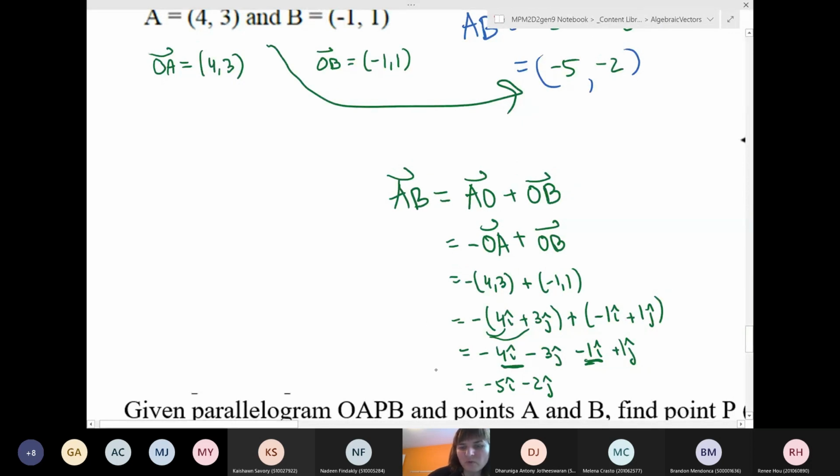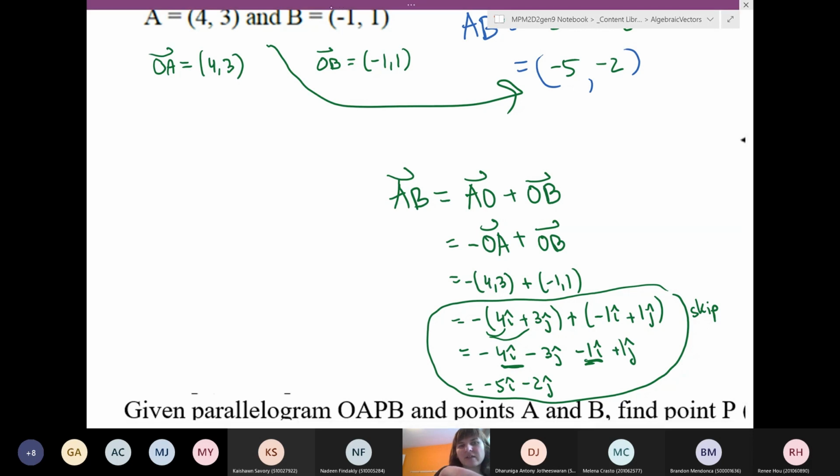I, in the future, always skip this. Because if you look at it, you can see that you want to basically do the same thing with this version, the component form. You want to basically distribute the negative on the inside and add things that are like in front of the comma, they go together. So if you were to think, there's a negative on the 4, so that's -4, plus a -1.